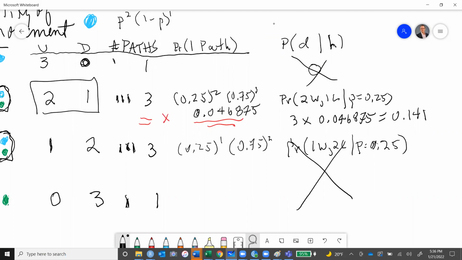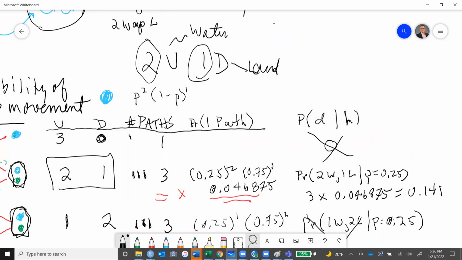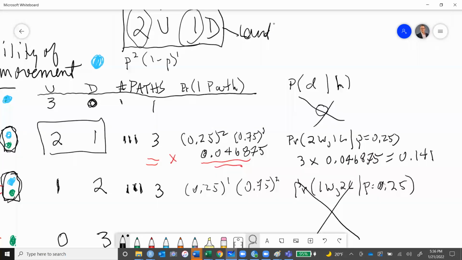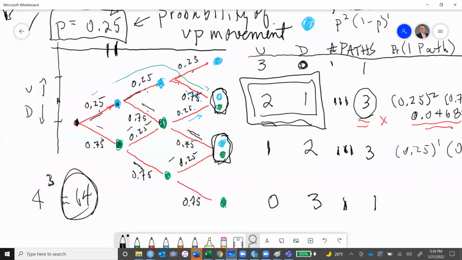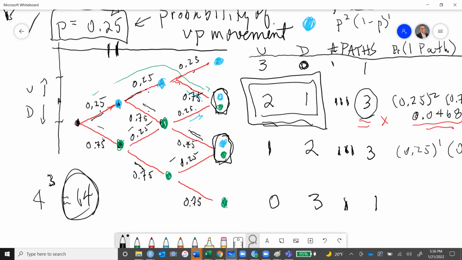And the reason is, what did we collect? We only collected 2 water, 1 land. The correct answer should be something that says, okay, for these 3 paths, this particular data, instead of going down through all the nodes of this tree, figure out these nodes now for different values of P, for values of 0.50 and 0.75.